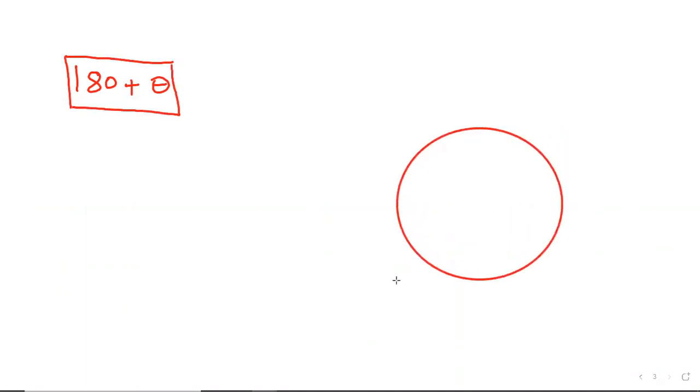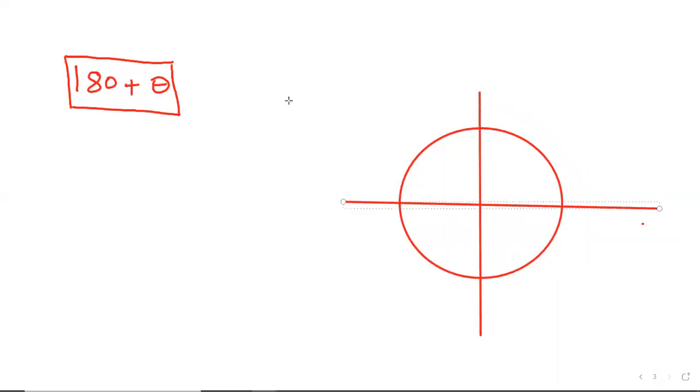Now let's talk about the angle of size 180 plus theta. Let's draw this angle. But first of all, we are going to draw the unit circle. Just recognize it well. And we are going to make a comparison between the angle of size theta, this is the angle of size theta here, and the angle of size 180 plus theta.